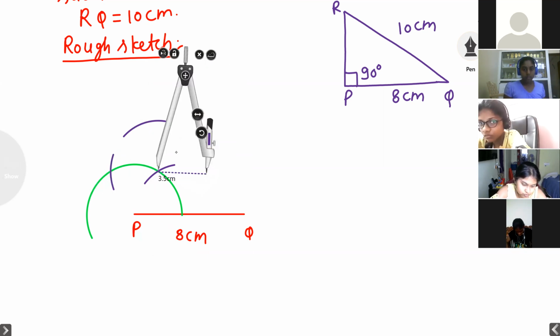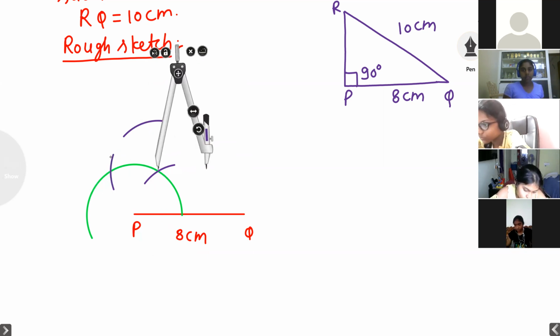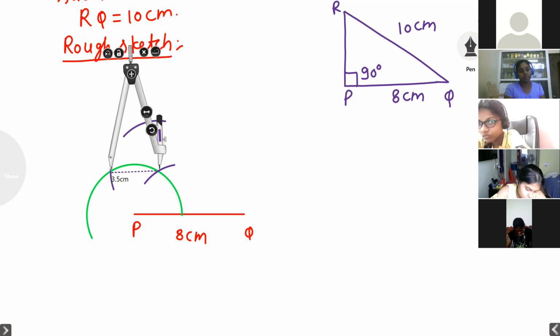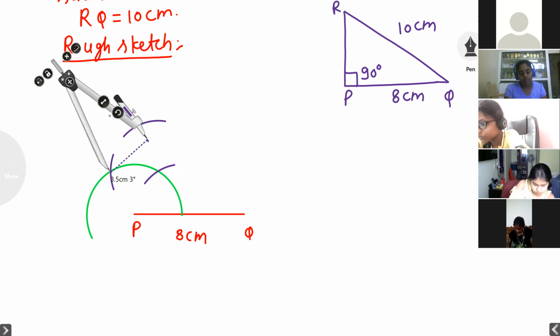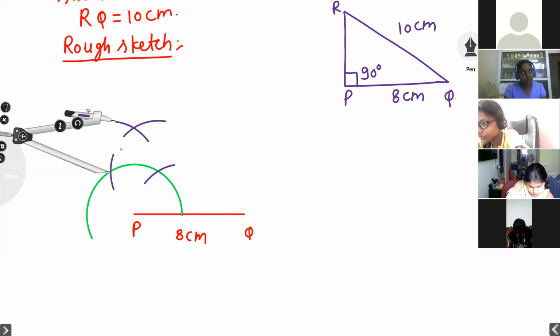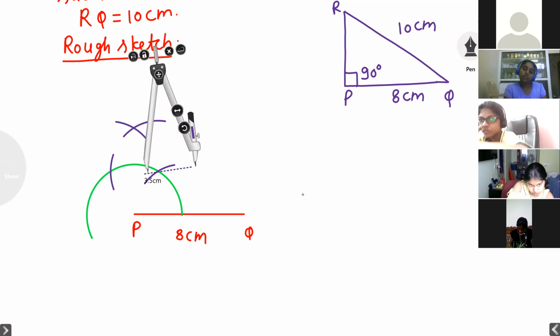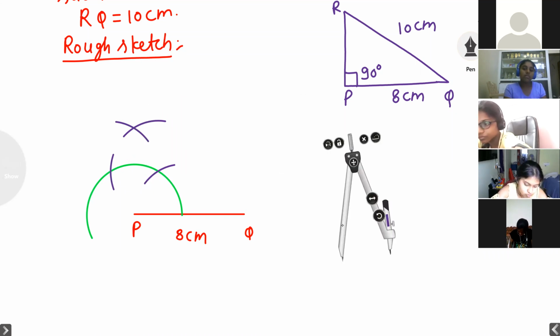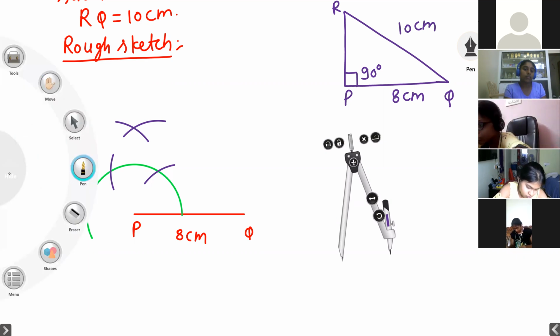We are not changing this arc. Now join this point P and where both arcs are intersecting.